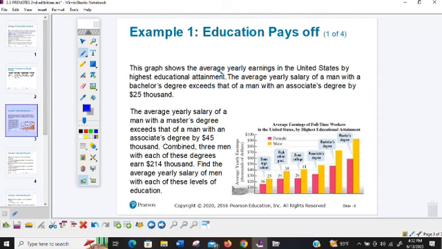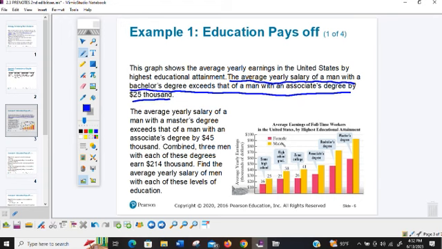Example 1, it says the graph shows the average yearly earnings in the United States by highest educational attainment. The average yearly salary of a man with a bachelor's degree exceeds that of a man with an associate's degree by $25,000. Okay, so this is our first hint here. Let's look at this graph, figure it out, and then we're going to use this in a minute to make an equation, okay?